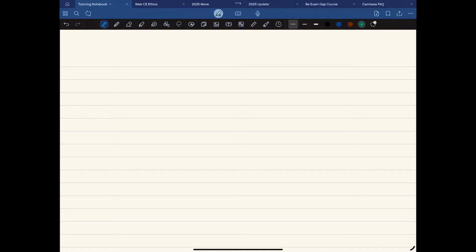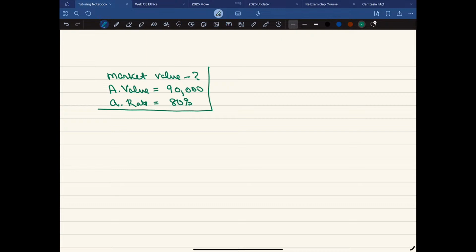So the problem said we're looking for the market value, and we know that the assessed value is 90,000 and that the assessed rate is 80%. So you're wondering, why do we divide and not multiply?